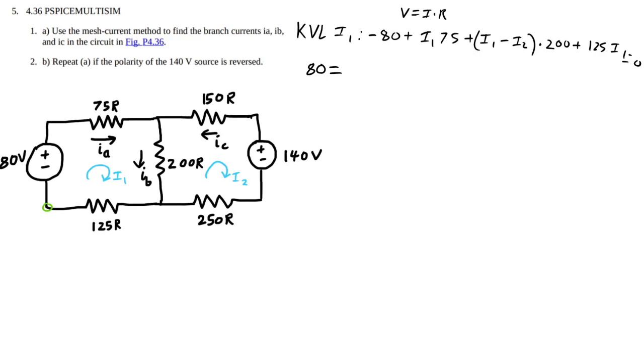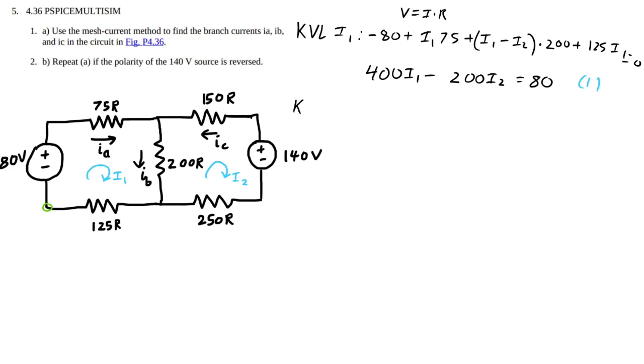So 200 I1 plus 75 I1 plus 125 I1. So that is 400 I1 plus or minus 200 I2 equals 80. So I'm going to call that equation 1.